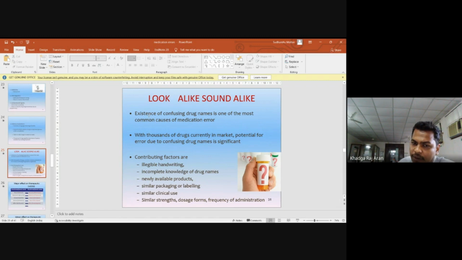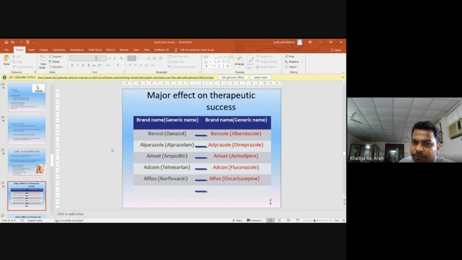There are some contributing factors like bad handwriting or incomplete knowledge about drug names, newly available products which do not have any safety or efficacy profile, similar packaging or labeling of the medicines, similar clinical use, or similar strength, dosage form, and frequency of administration. So these are some factors which cause medication errors.